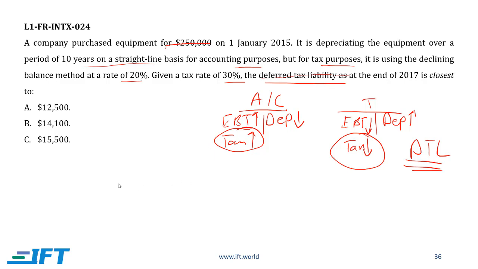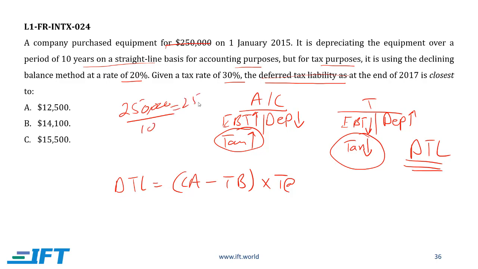So what is the formula for deferred tax liability? That is your carrying amount minus tax base multiplied by tax rate. What will be your carrying amount? 250,000 divided by 10, that's your depreciation, 25,000. So your carrying amount would be 250,000 minus 25,000, that is 225,000, minus your tax base.